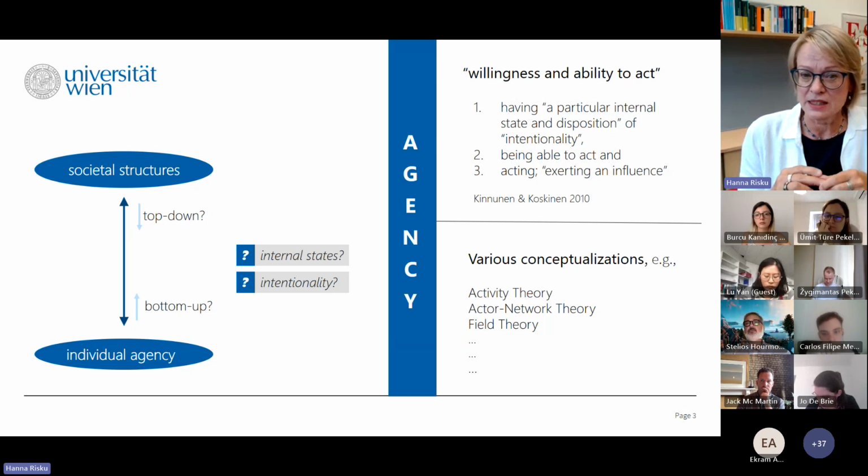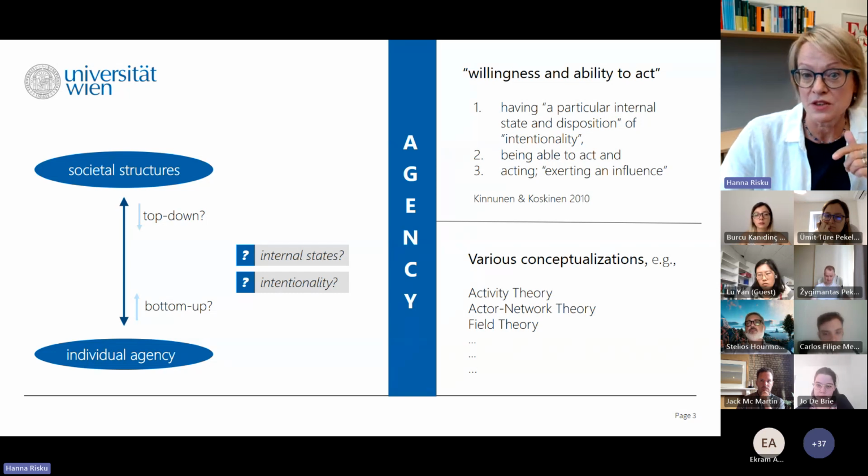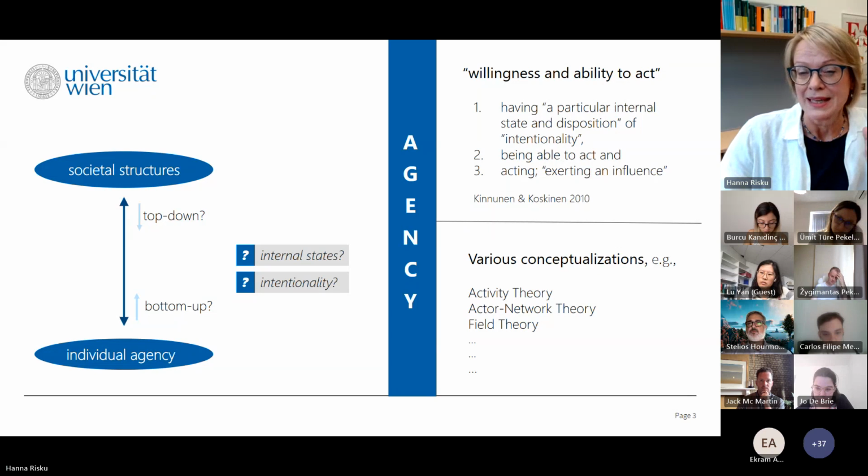And I think this definition seems quite compatible, for example, with the conceptualization of activity in the activity theory tradition of sociology and psychology, because this activity theory, AT, also assumes intentional internal states and dispositions.